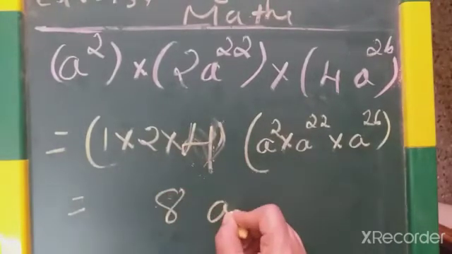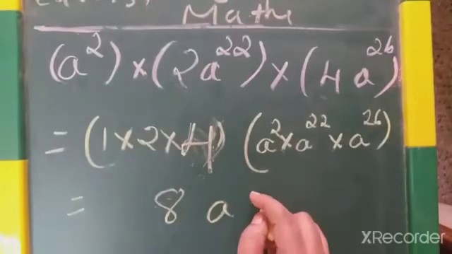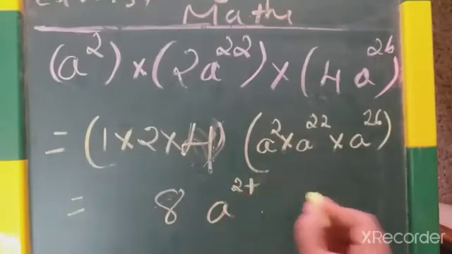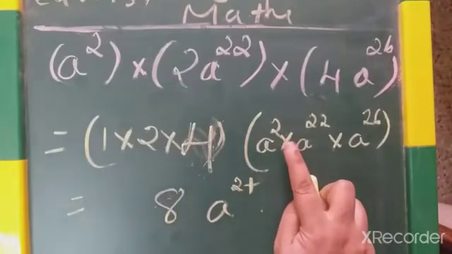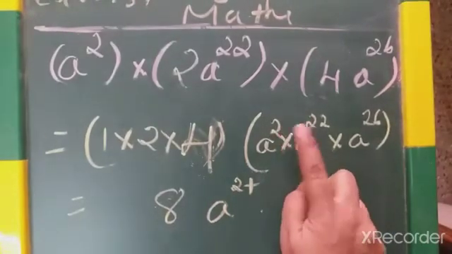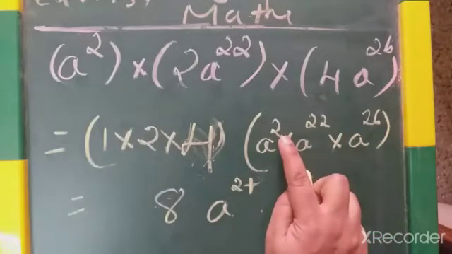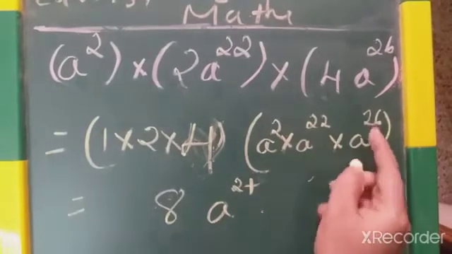Now a to the power, bracket means multiplication. Now add the powers: in exponents, multiplication means add the powers, no need to multiply 2 into 22 into 26. For multiplication of exponents, add the powers: 2 plus 22 plus 26.